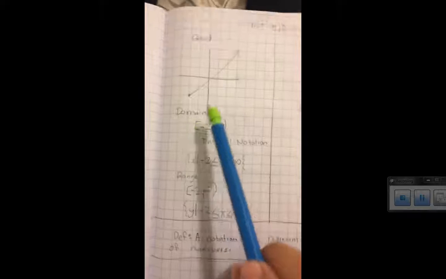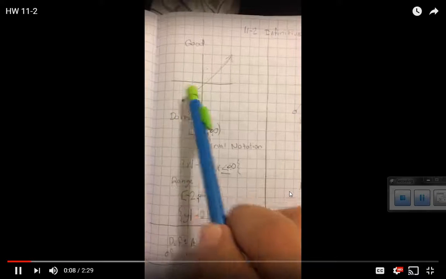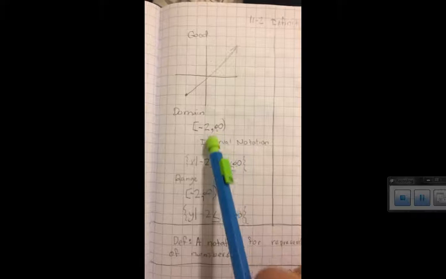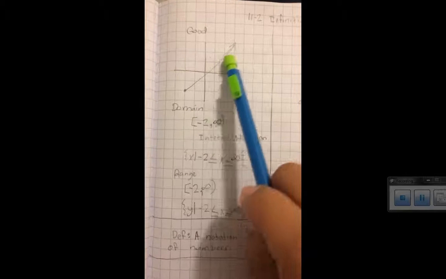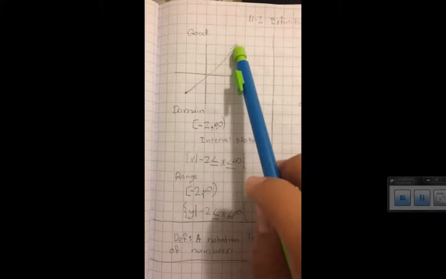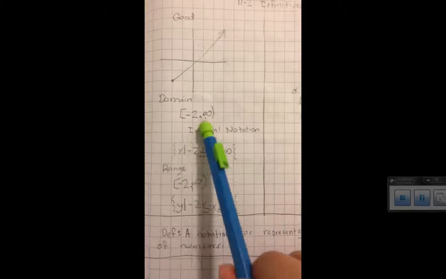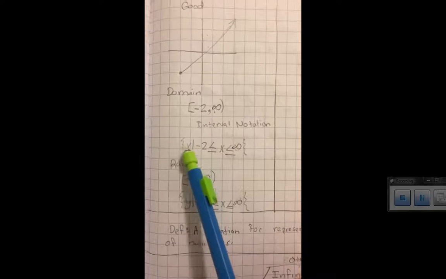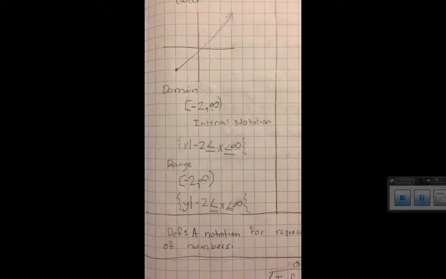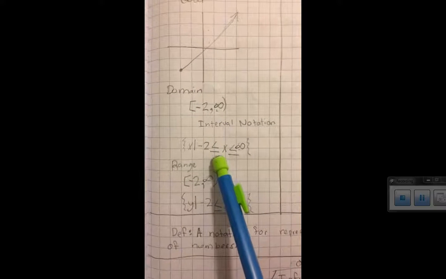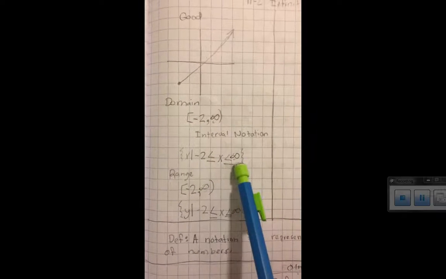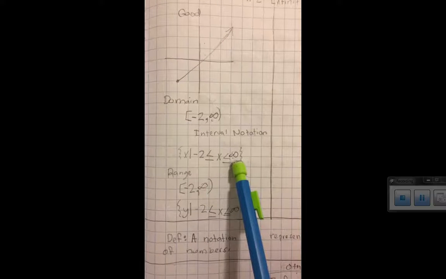So the domain would be -2, and then the infinity sign because it's going straight up, the arrow, and it's positive because it's on top of the x-axis going straight up. So that would be the interval notation. The set notation would be -2 is less than or equal to x less than infinity.